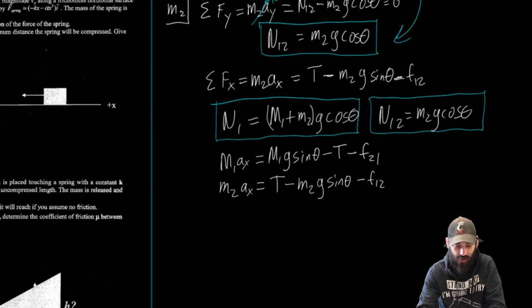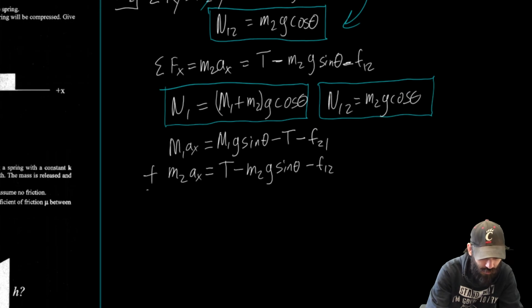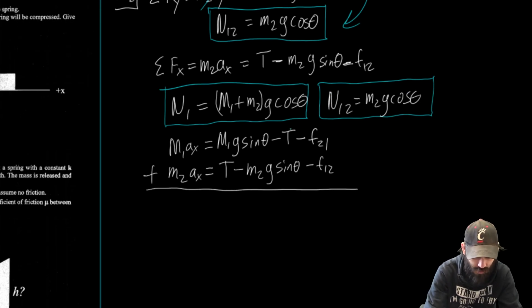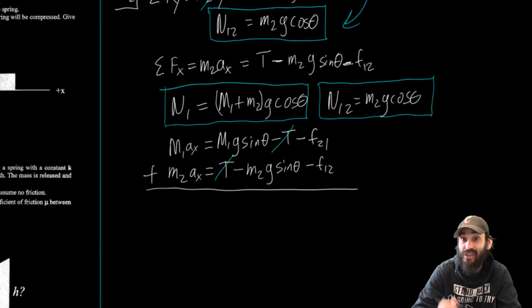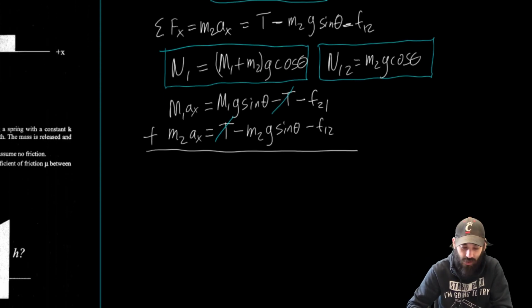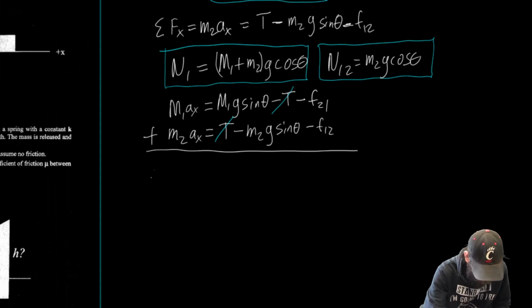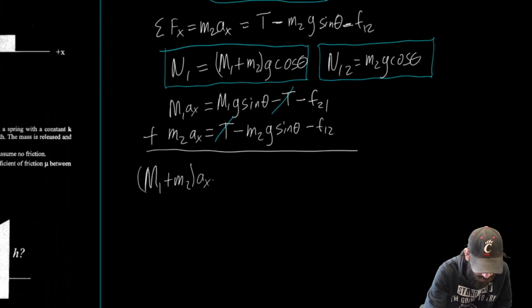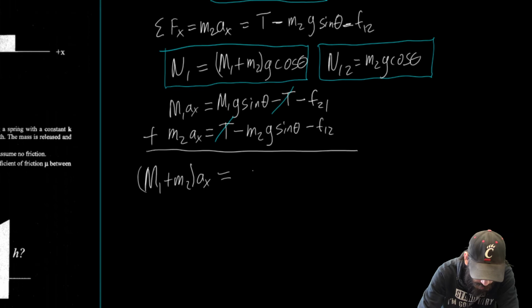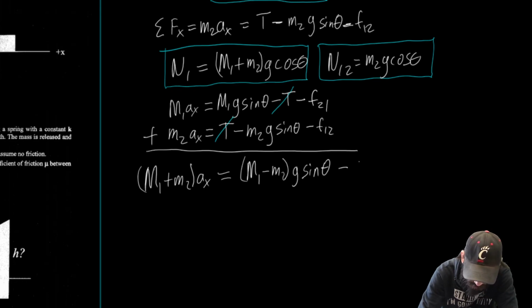Okay. Now here we see something kind of interesting, because when we add these together, our tensions are going to cancel, but our force of friction isn't. And this is actually really important, because what we end up seeing here is we have capital M1 plus M2 times AX is going to be equal to capital M1 minus M2 times G times sine of theta minus F12 times 2, right?